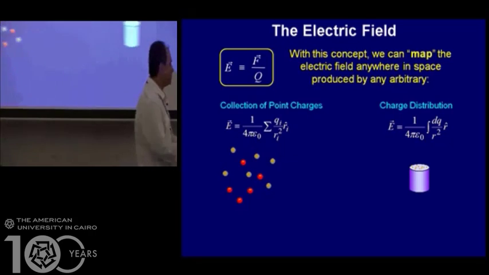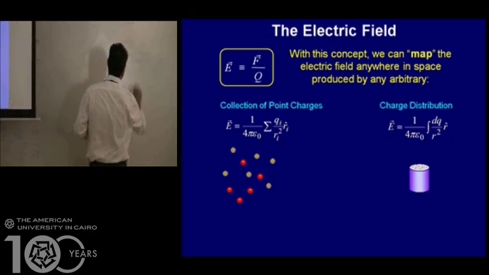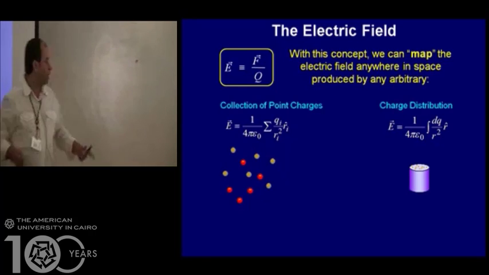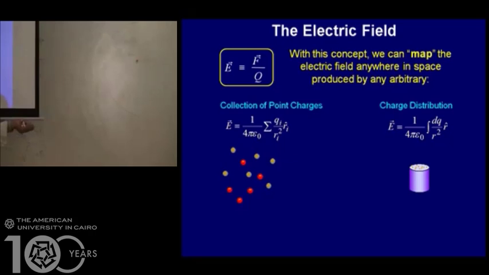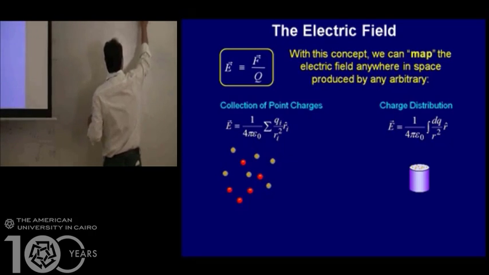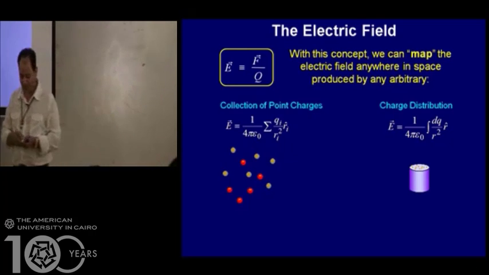In the assignment we have a semicircle, a wire that has a length L and a charge Q, and we need to find the electric field at that point. So what to do?